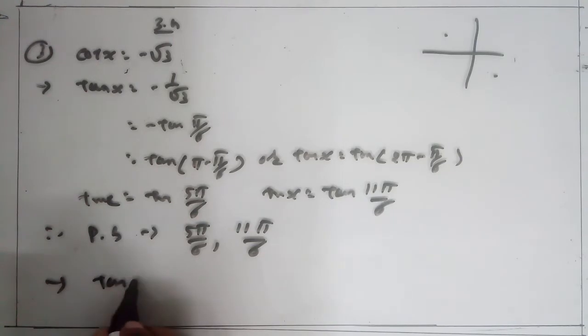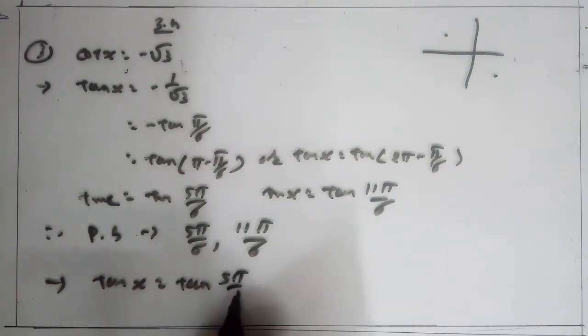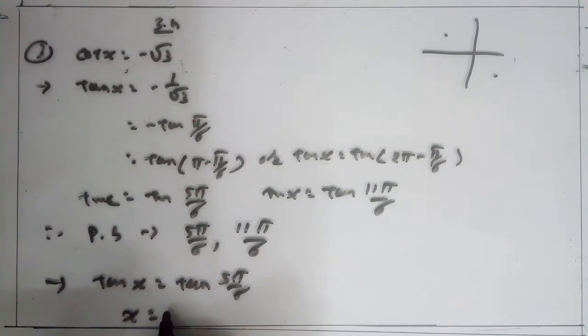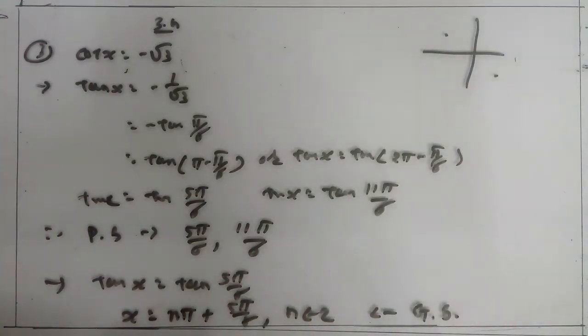For general solution we select the reducing form, smallest form, tan 5 pi upon 6. So x is equal to, for tan the general solution is n pi plus 5 pi upon 6, and n belongs to Z. This is the general solution. Clear? General solution. Clear this?